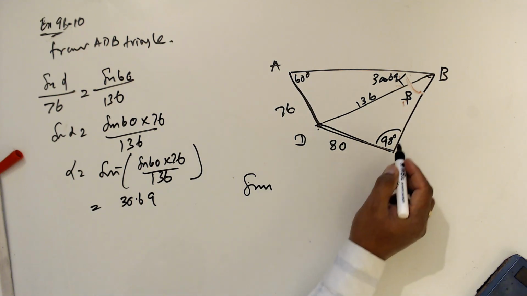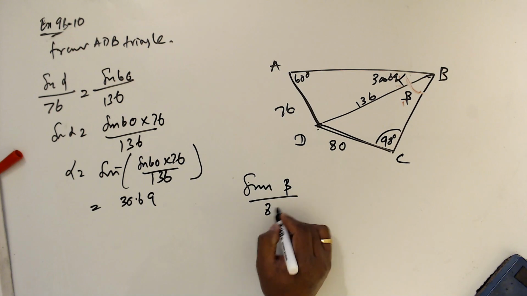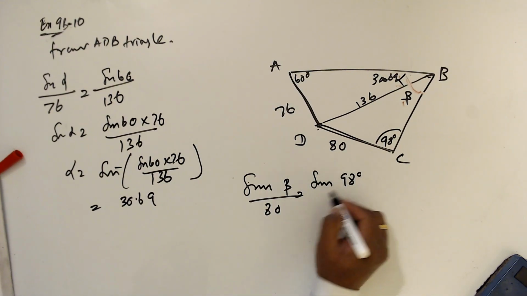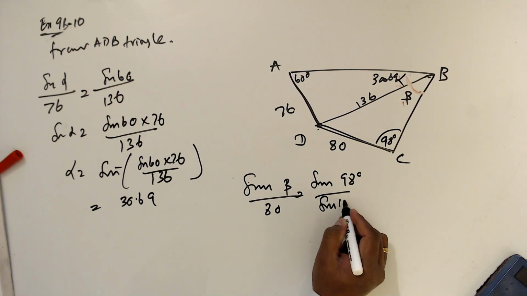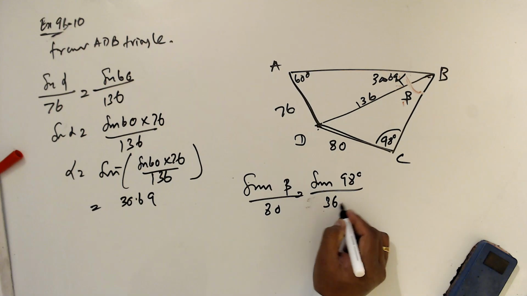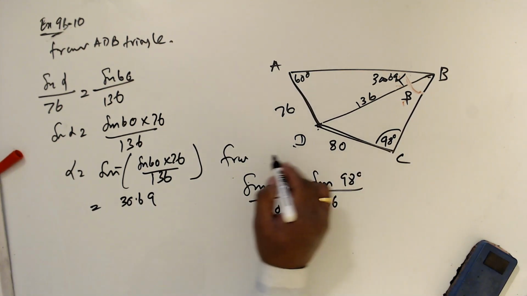Sine beta over 80 equals sine 98 over 136. This is from the DBC triangle.